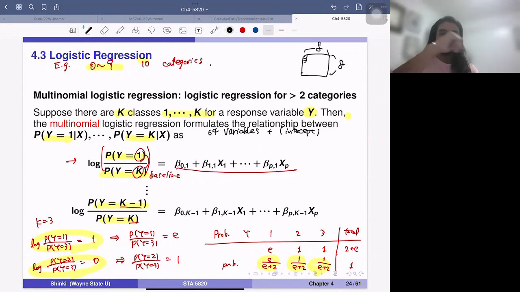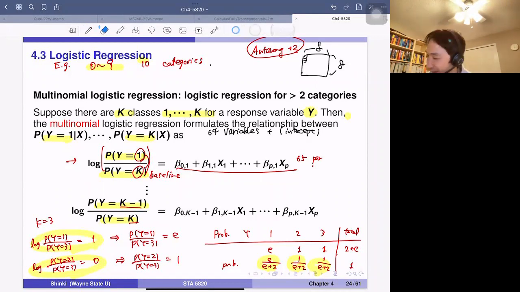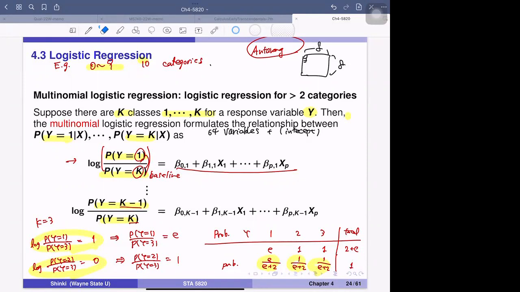Right. So 65, because for each model, we have 65 parameters. Oh, no, actually not. Sorry. Close. You can correct it. For each model, 65 parameters. So 650.